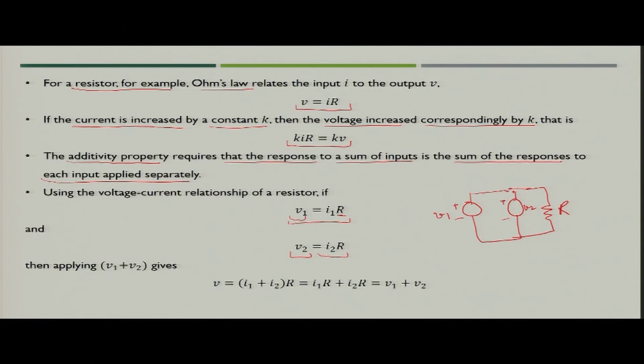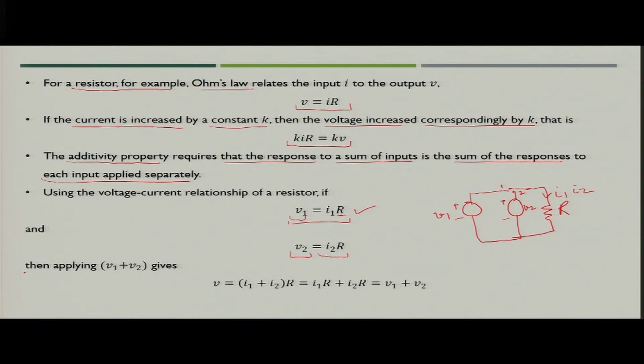Now, when it is connected to V1, you will have some current I1 flowing through it, and V1 will be across it, and you will get I1 into R. After getting this value, if you switch over from point 1 to point 2, it means that now it is connected to voltage V2. So, say this current is now I2, and V2 would be I2 into R.